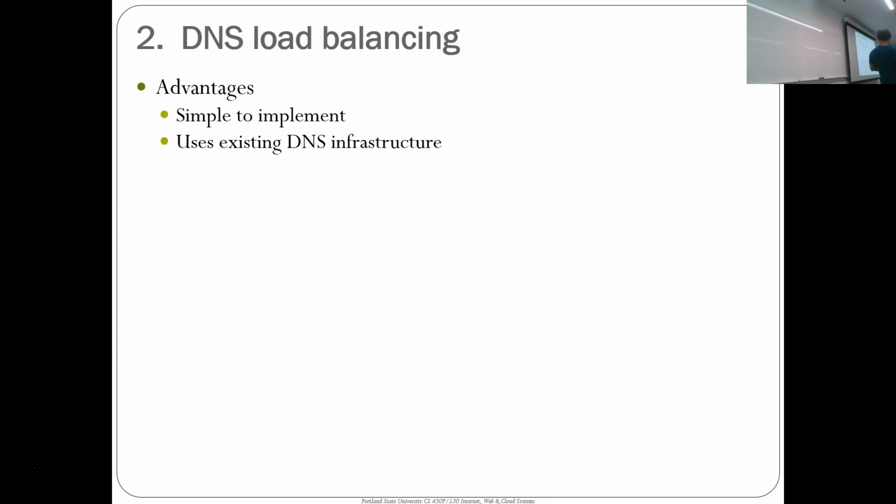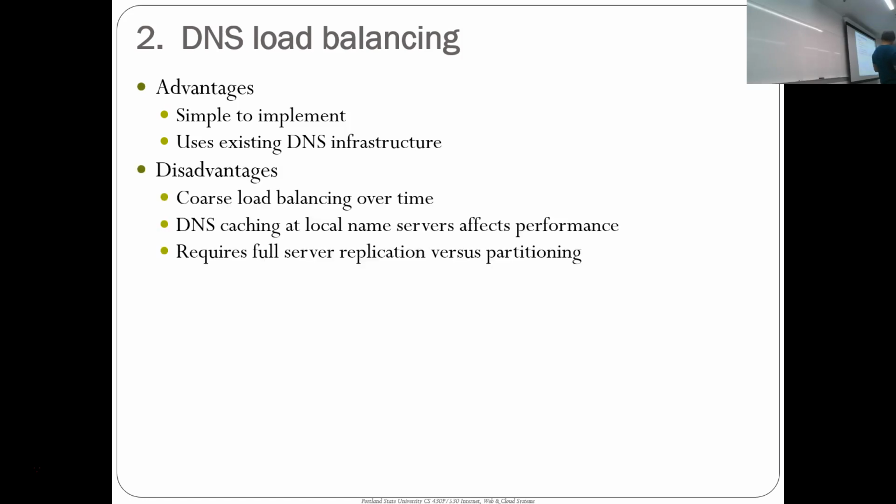So those are the advantages: simple to implement, and it uses the existing DNS infrastructure. The disadvantage is that the load balancing is coarse, and it's done over 15-minute blocks. Like if I give that name out to IBM, which has like 200,000 employees, and they're all hitting ncsa.edu to download a browser, well, that's not very good load balancing.